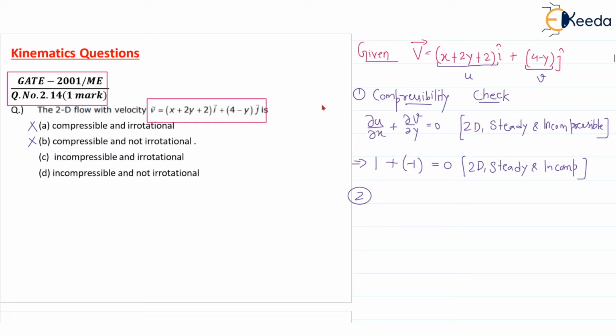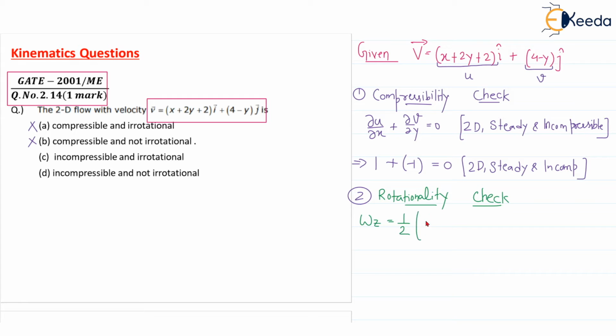The second one is the rotationality check. We are going to take the rotation component omega z. Why omega z? Because the velocity components u and v are given, so we can utilize them in this equation; for any other component, the z component of velocity is not given.